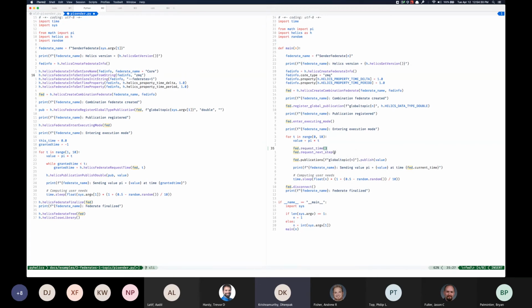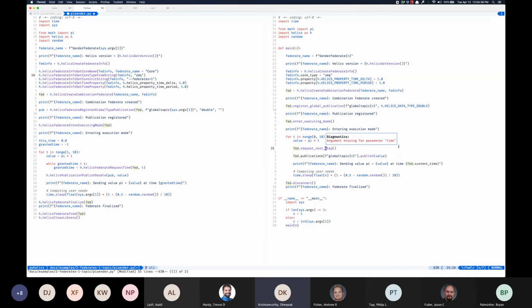And if you happen to call the function without passing in an argument, it'll say that the argument is missing. So there's some additional typing information that we've added to every function that should improve your coding experience if you're developing a federate in Python. Okay, that is the Python interface.